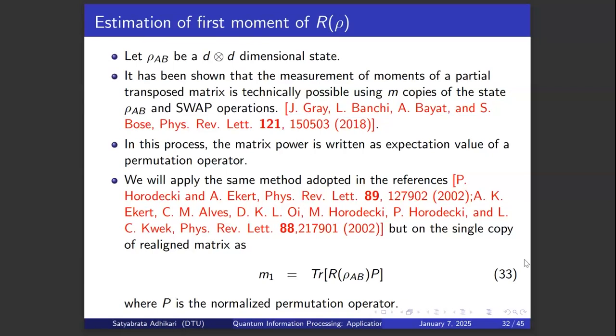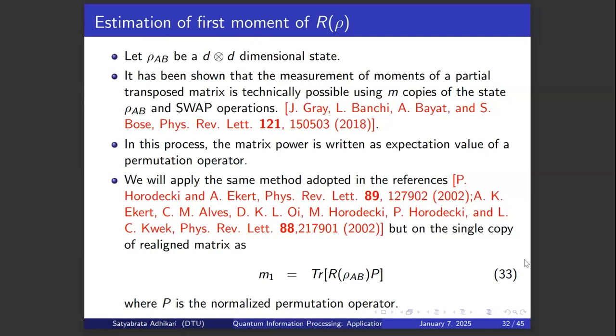So they have obtained this result for the partial transpose matrix, but we are working on the realignment matrix. So we will use the technique they have used to determine the first moment of R rho experimentally.